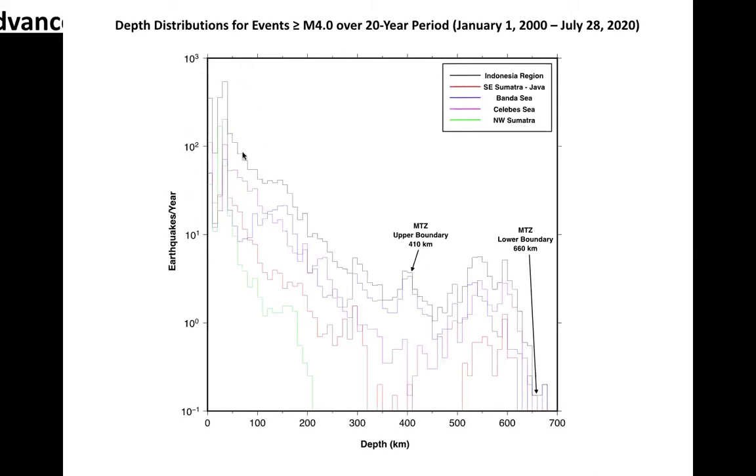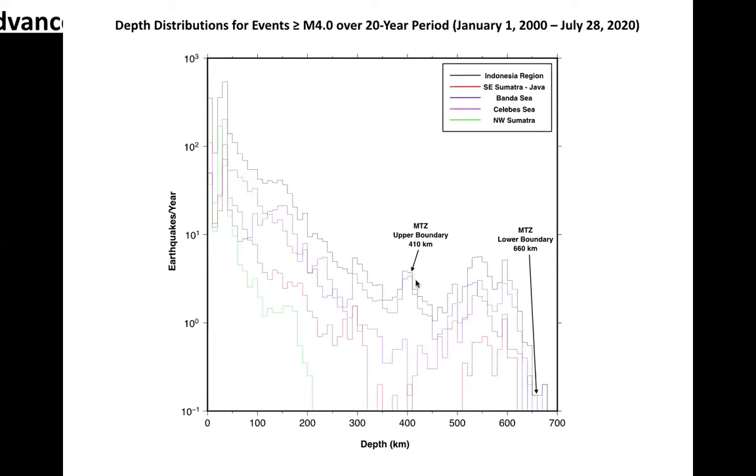For this lecture, what we're mainly concerned with is how earthquakes are distributed at intermediate and deeper depths.